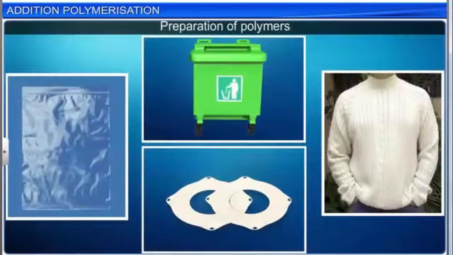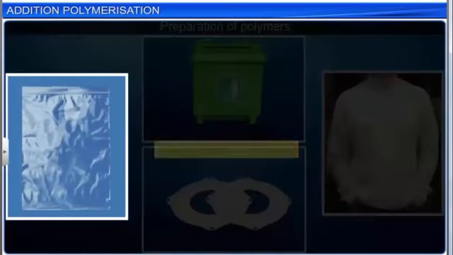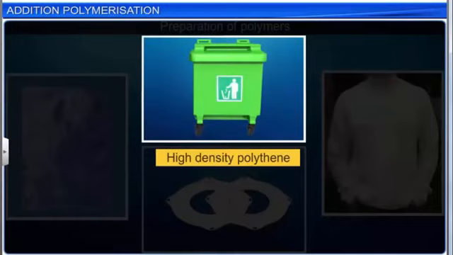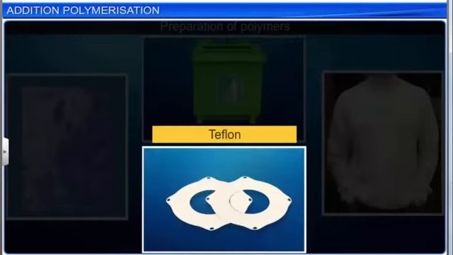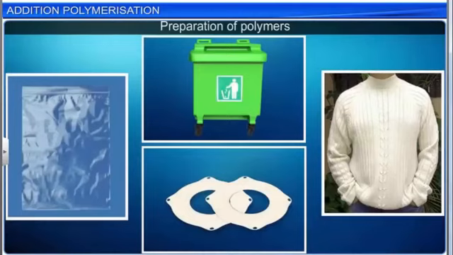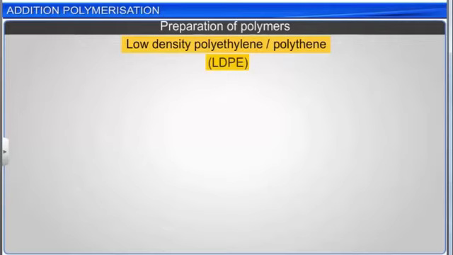Some important addition polymers are low-density polythene, high-density polythene, Teflon, and polyacrylonitrile. Let's look at each in turn. Low-density polyethylene or polythene is often given the acronym LDPE.